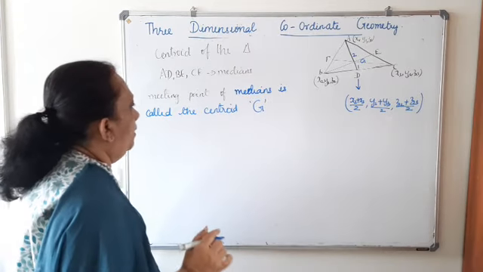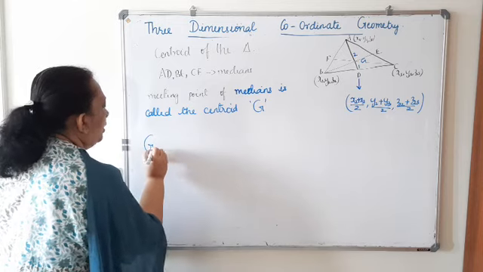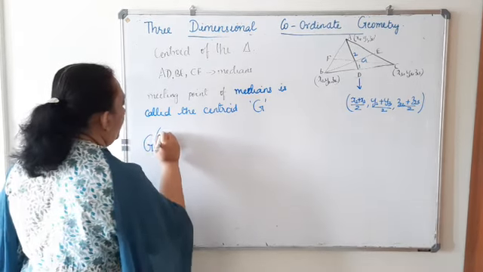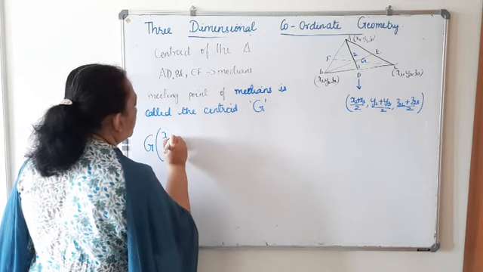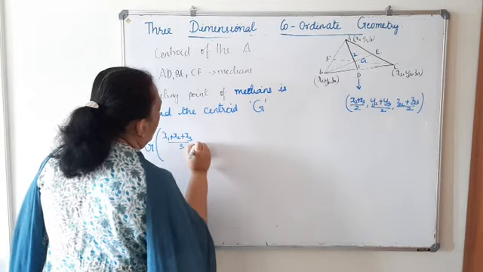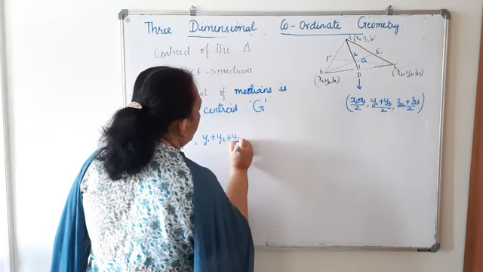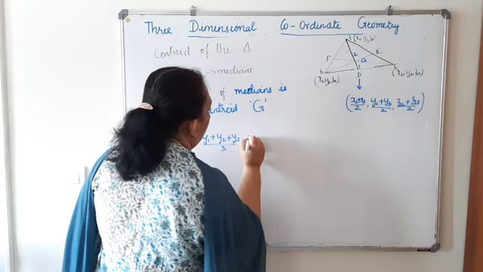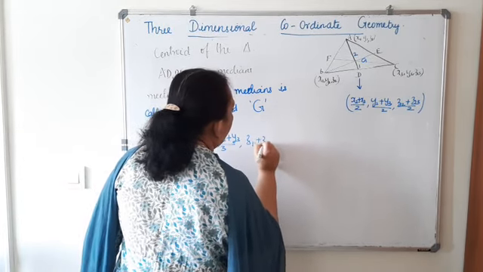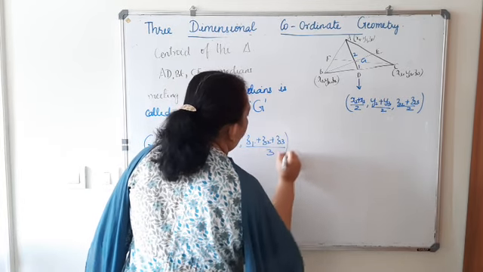Now, we can show that the coordinate of the centroid G will be x1 plus x2 plus x3 by 3, y1 plus y2 plus y3 by 3, z1 plus z2 plus z3 divided by 3.